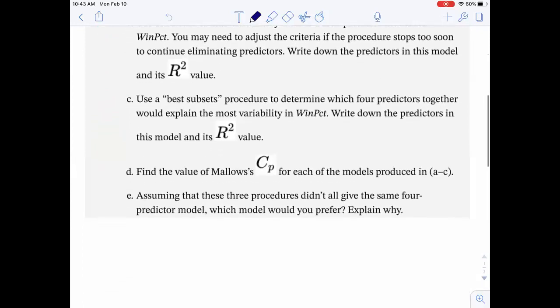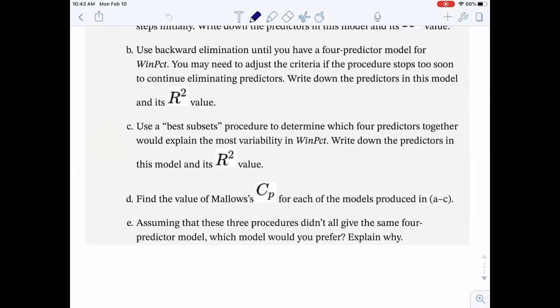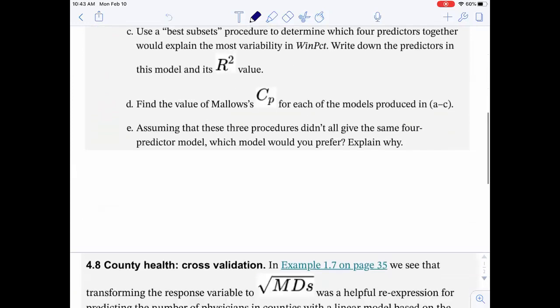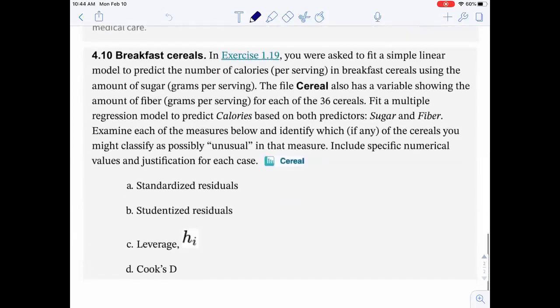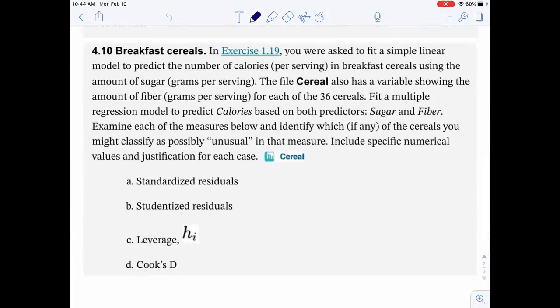These are just things that I essentially want you to Google your way to, right? How do I do this in R? And then we do a little cross-validation example. We hold out, we build our model, we test it on the holdout sample. And then we have a look at some residuals. But that's about it. And that's lab 3.